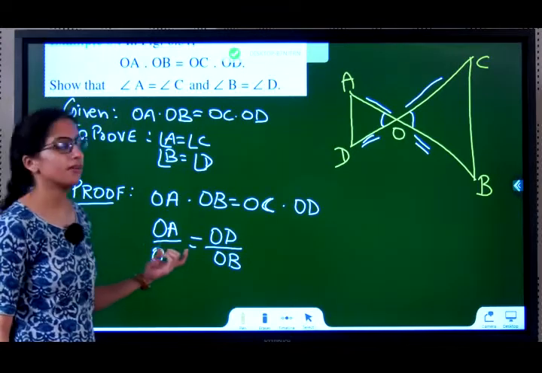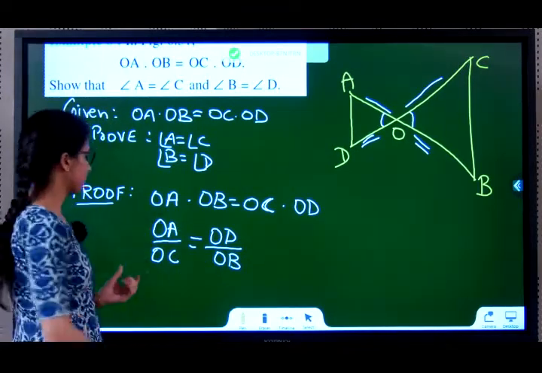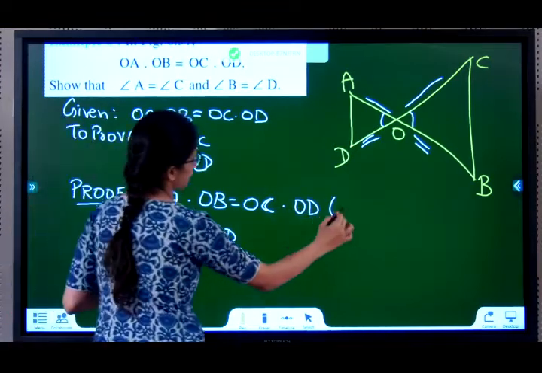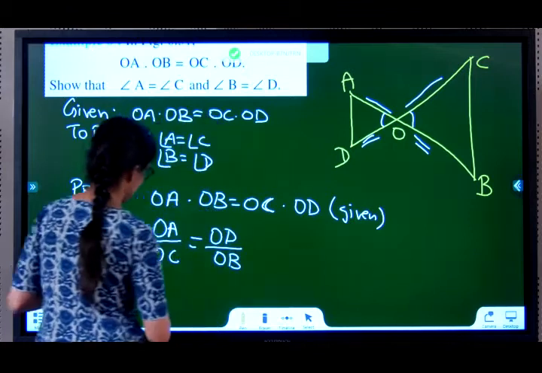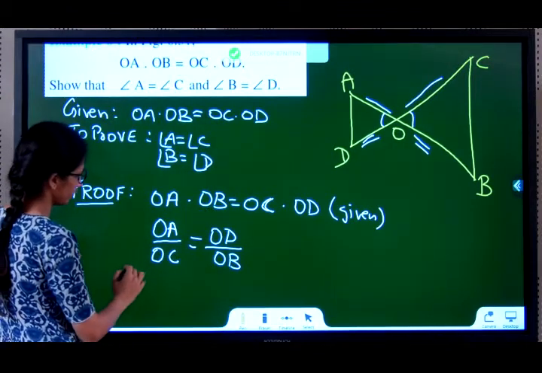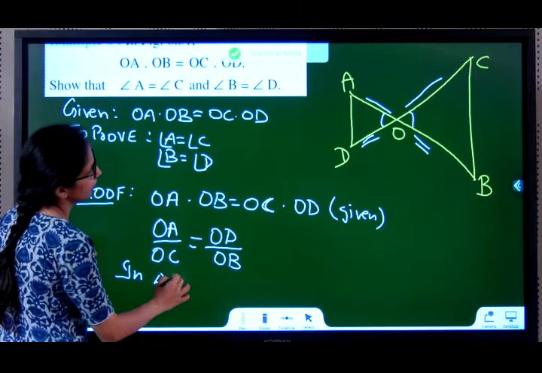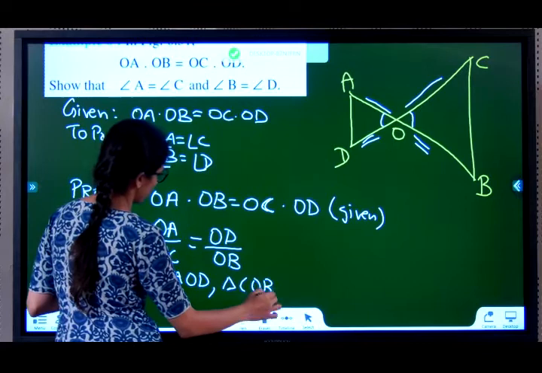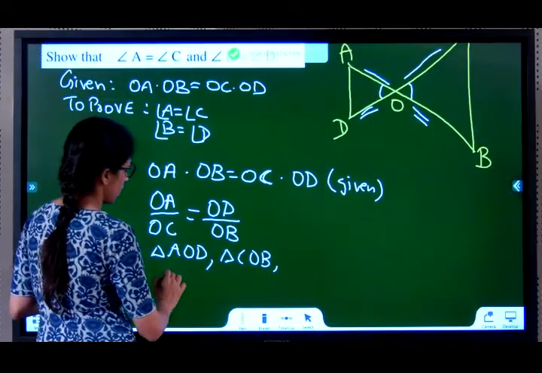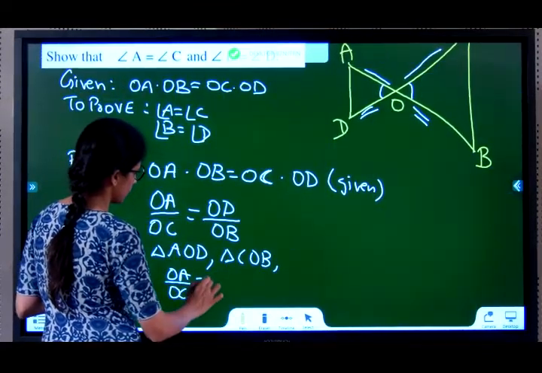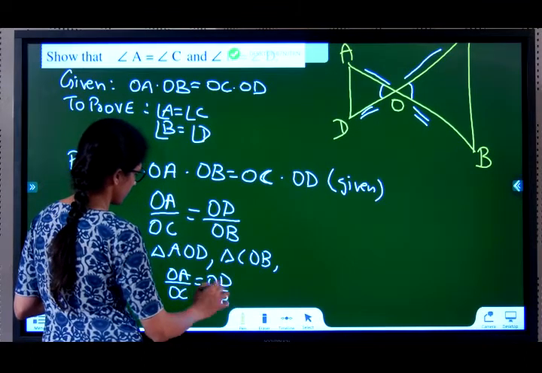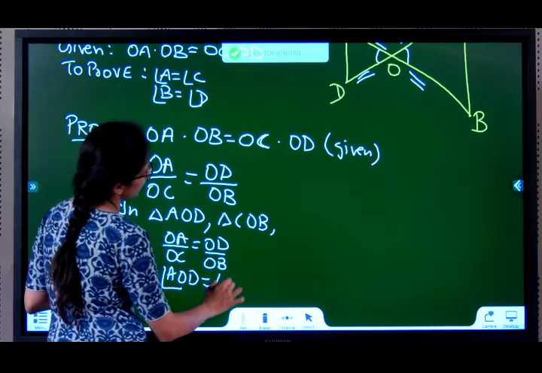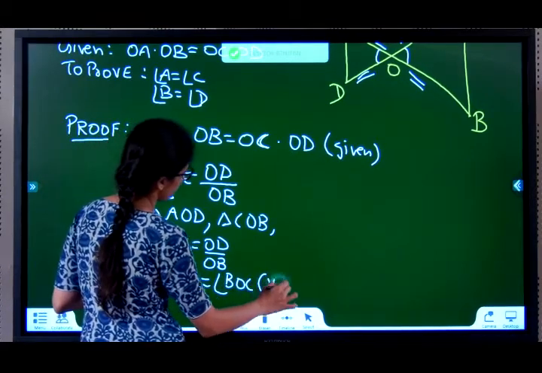So, sides are proportional. Angles, we got vertically opposite angle. So, this much is fine. This is from the given statement. So, can I therefore write, in triangle AOD and triangle COB, we have this as condition 1, OA by OC is equal to OD by OB, and we also have angle AOD equal to angle BOC, reason being vertically opposite angles.